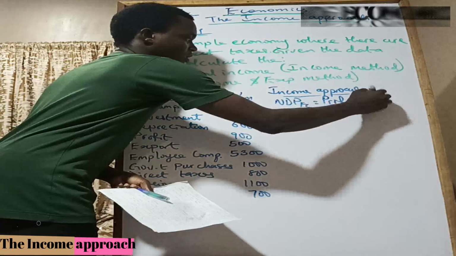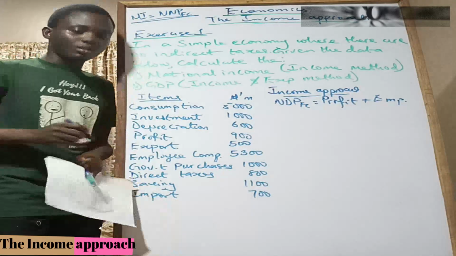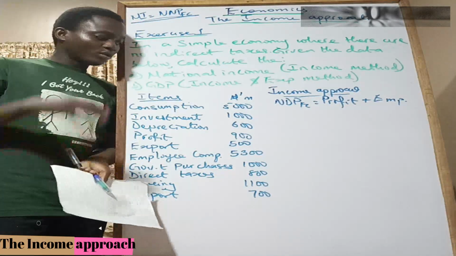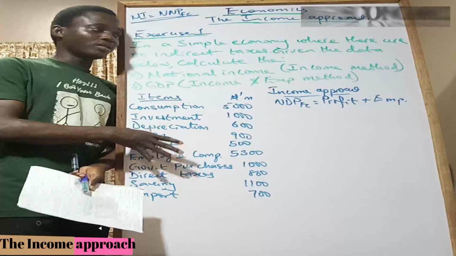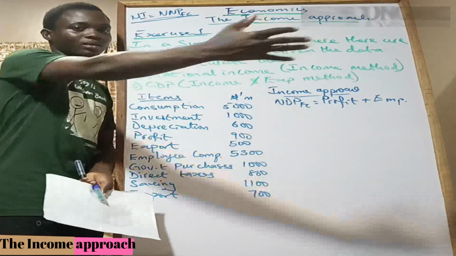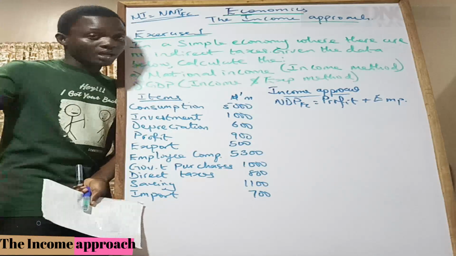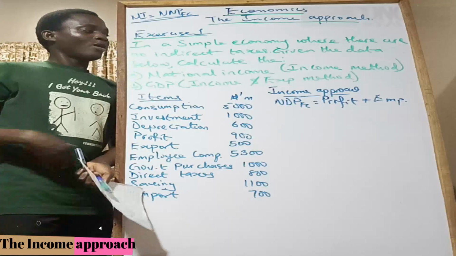Plus employee compensation. Please, in an examination, you have to write it in full. You don't just jump into adding the numbers; let them know the items that you picked and summed up to get a particular answer.